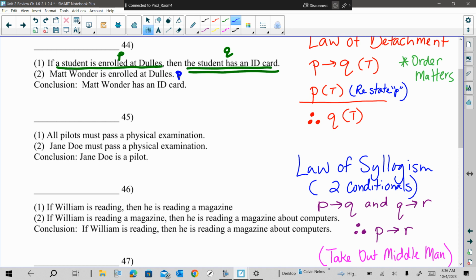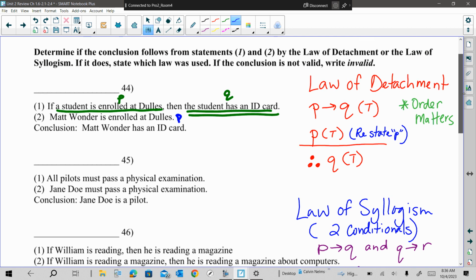That is restating the P again. So they concluded Matt Wonder has an ID card. Is that true? Yes. So this is a valid conclusion, valid by detachment, because they restated the P.